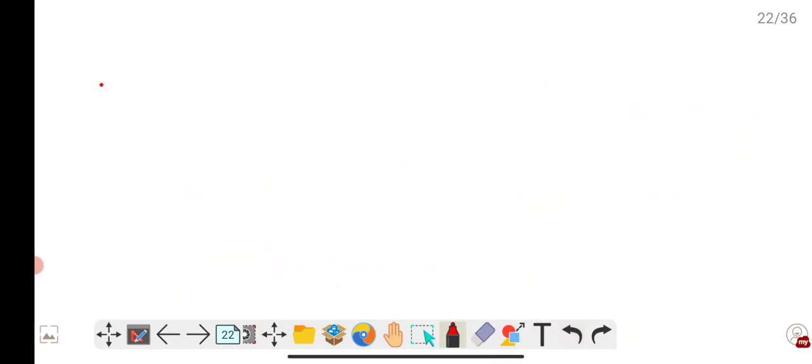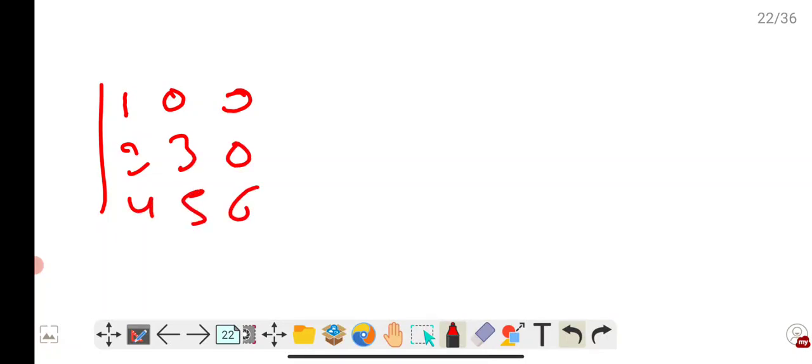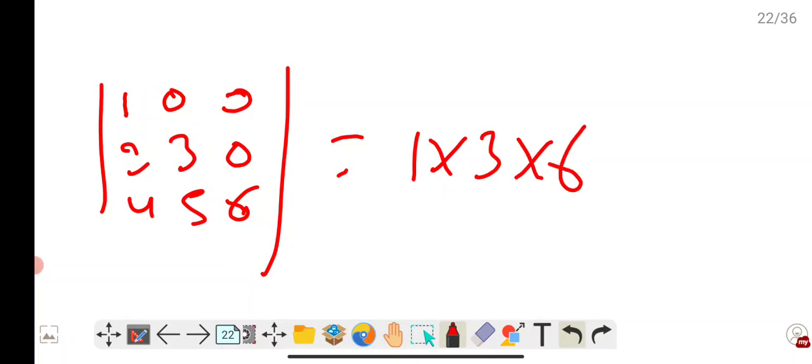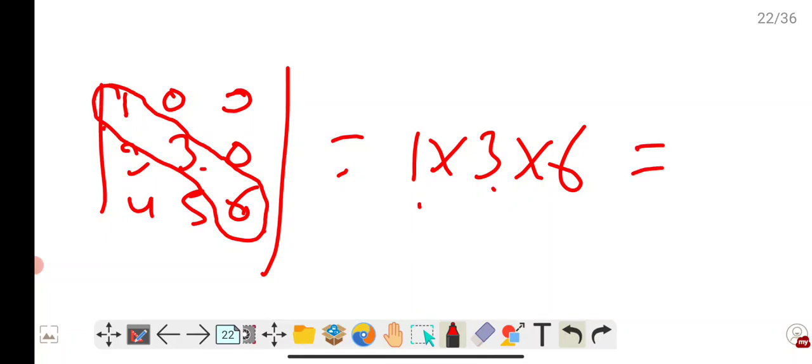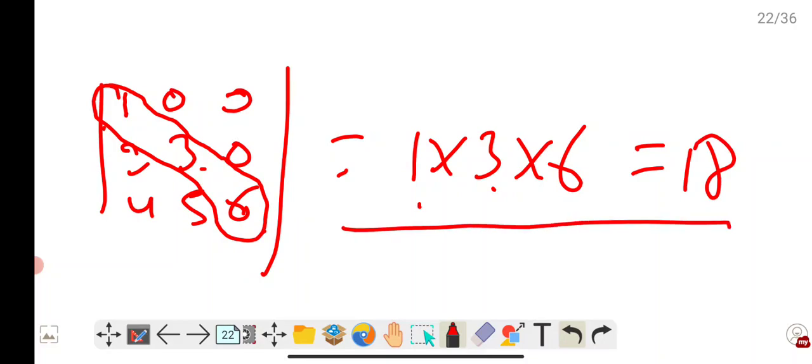Let's take an example: 1, 0, 0, 2, 3, 0, 4, 5, 6. So its determinant value will be 1 into 3 into 6. Simply multiply these diagonal elements. So its determinant will be 18. It is a case of a lower triangular matrix, and in the case of an upper triangular matrix also there will be diagonal multiplication only.